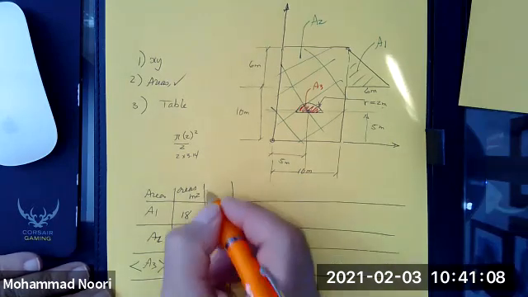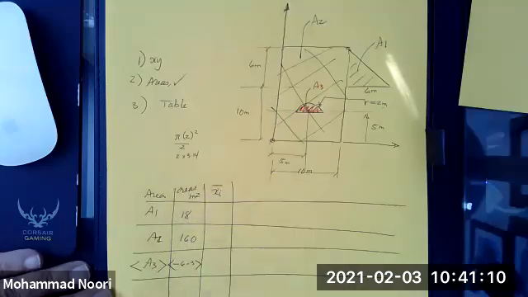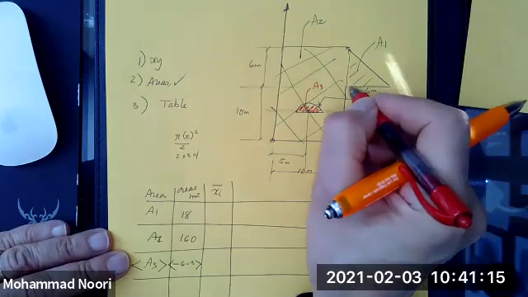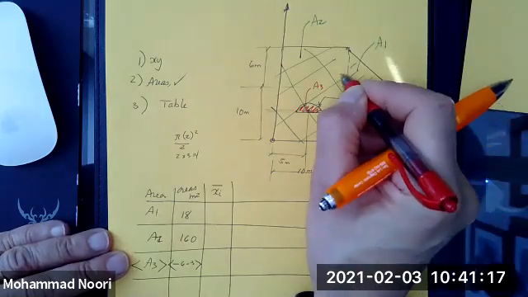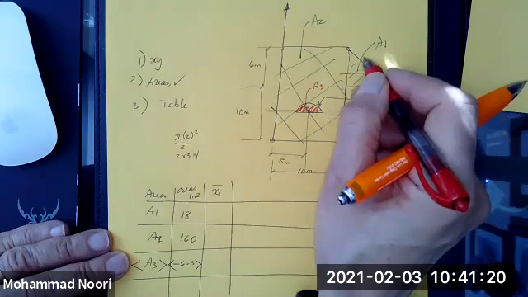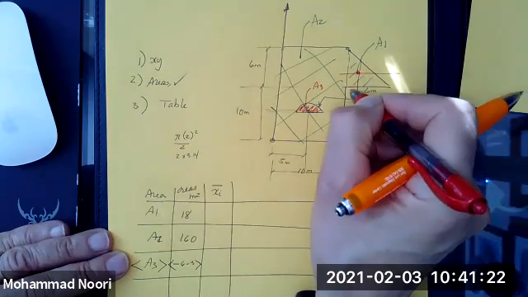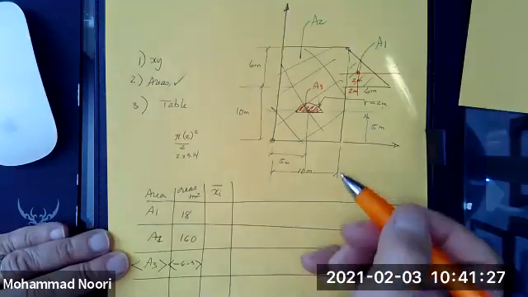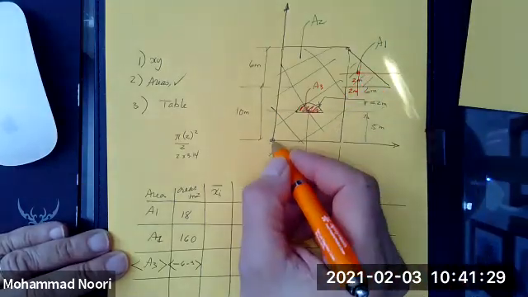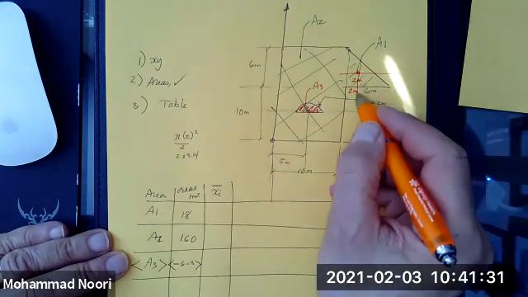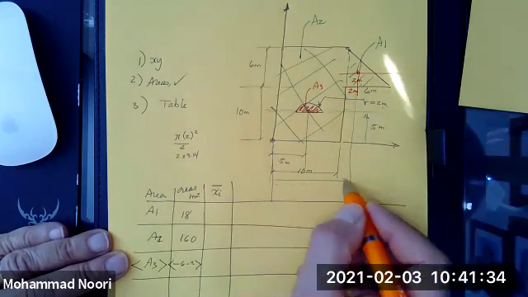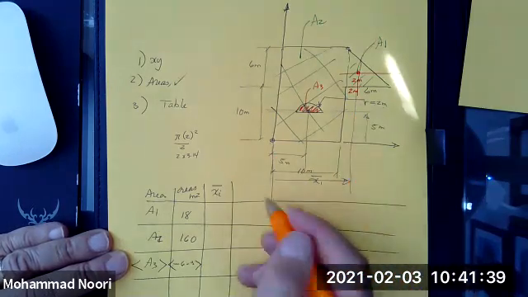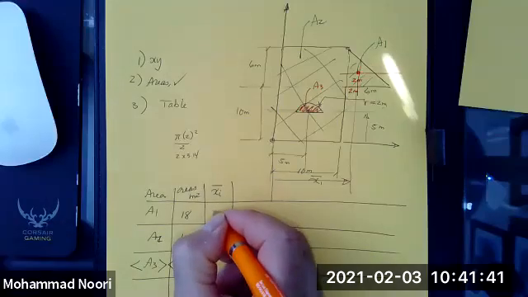Next column is the xi's. How do you find them? Look at each area. For this area, the centroid is at 1/3 of a distance from here, 1/3 of a distance from here. So it is located at 2 meters here and 2 meters here. So the x bar, which is the distance from this axis to here, this is x1, would be 10 plus 2. So that is 12.